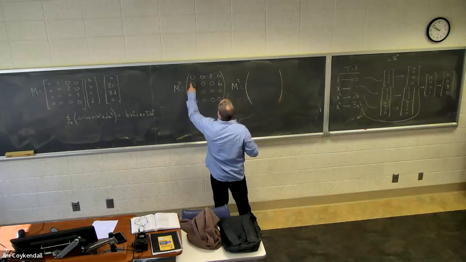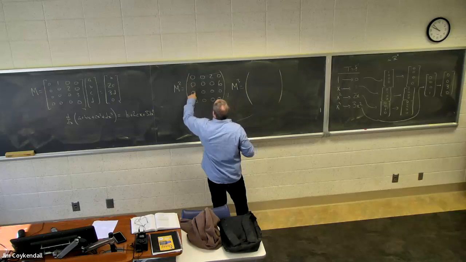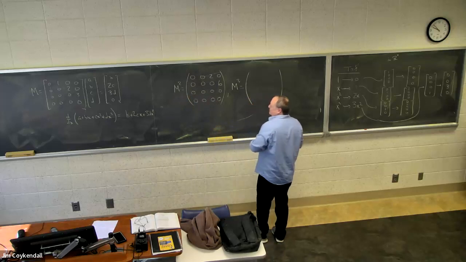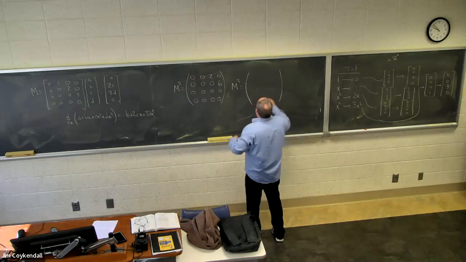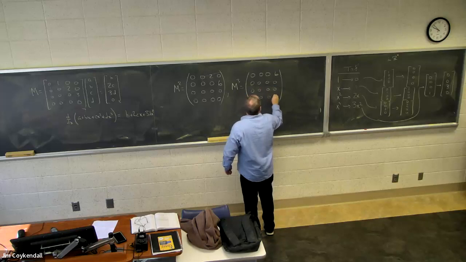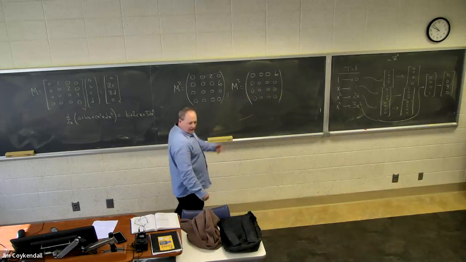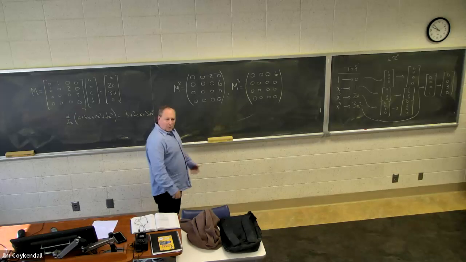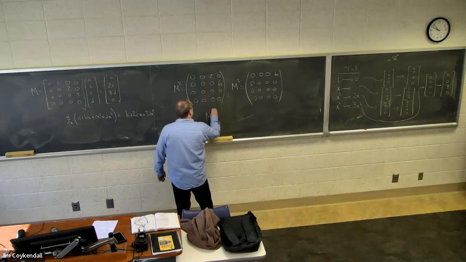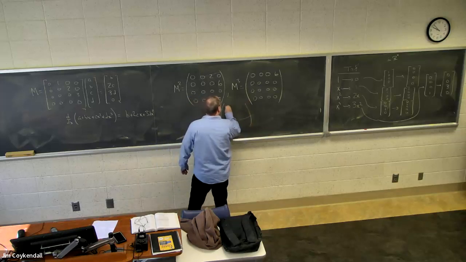Do this again: 0, 0, 0, 6. And that's right, isn't it? That's taking the derivative 3 times. And what did you all tell me happened when you take 4 derivatives of this? 0. If you multiply it one more time, you get the matrix of all zeros.